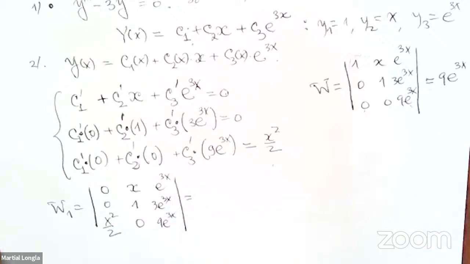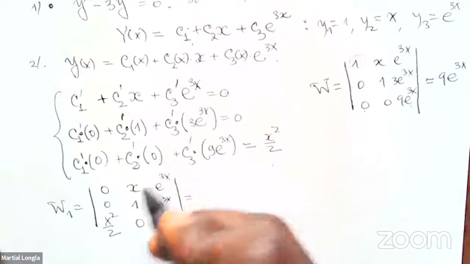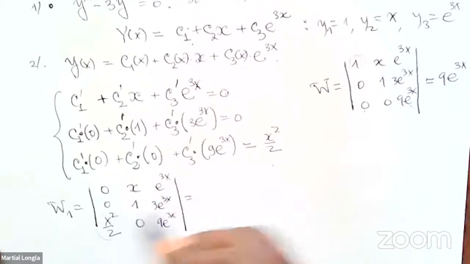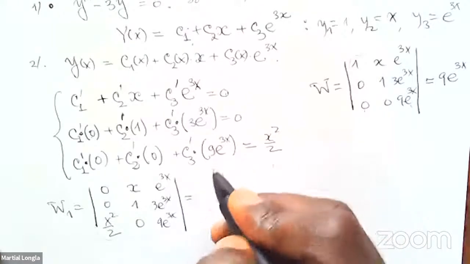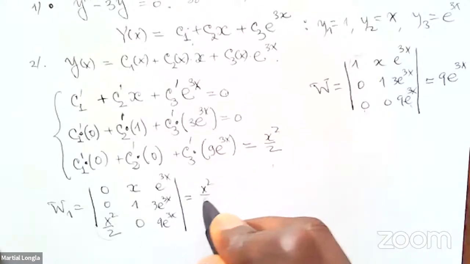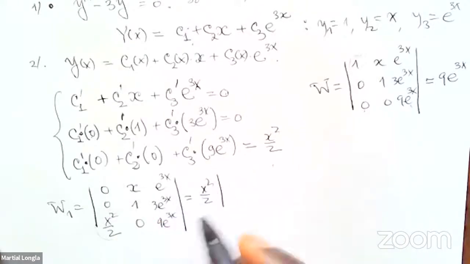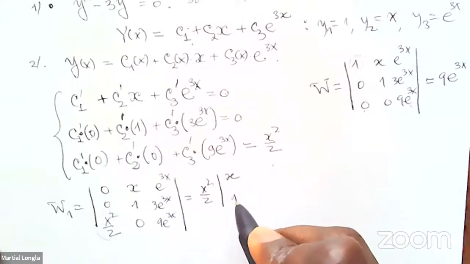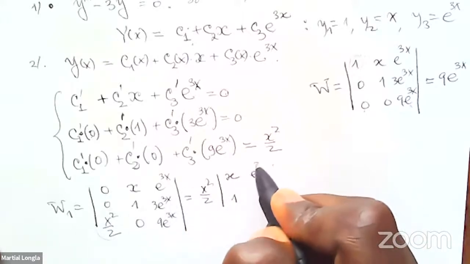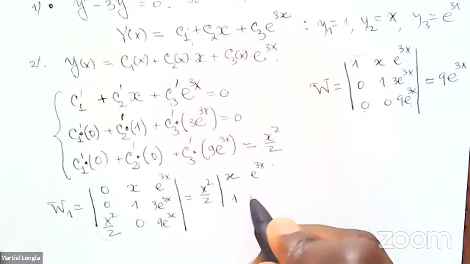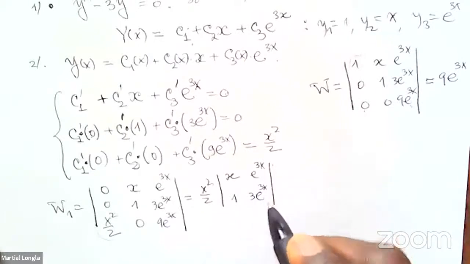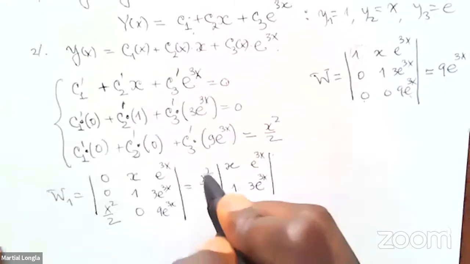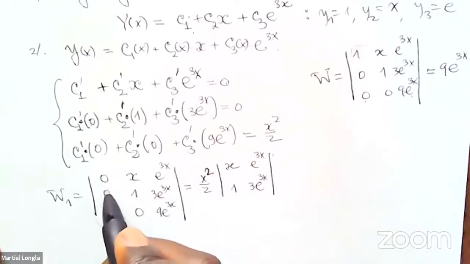When you compute this, you can split with respect to the first column, that gives you x squared over 2, and the minor is going to be x, 1, e to the 3x, 3 e to the 3x, and the other minors are going to be multiplied by 0, 0, 0, so we don't need to write them down.